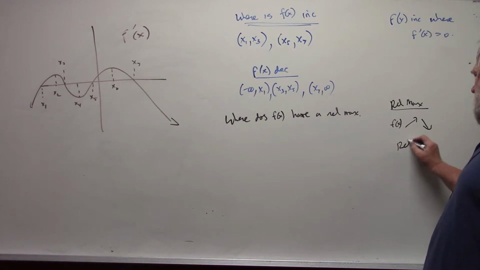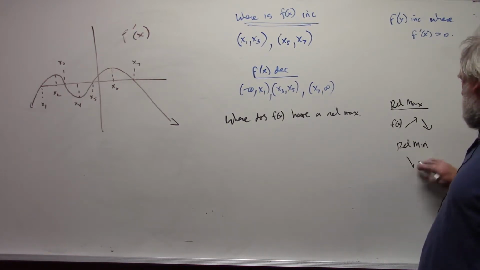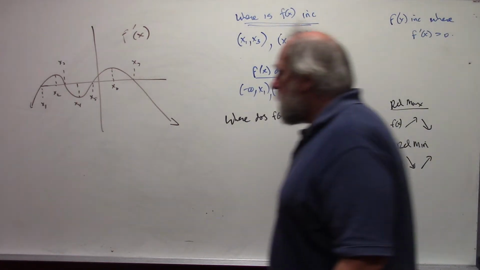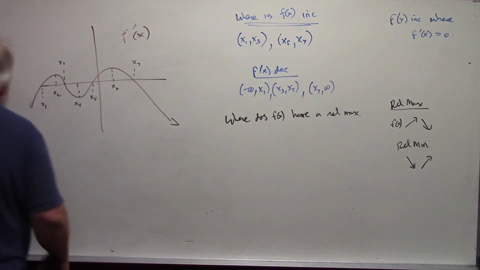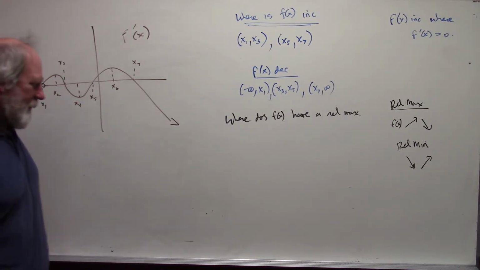Whereas for relative min, my function goes from decreasing to increasing. So, as we went across x1, it went from decreasing to increasing, and so therefore I have a relative min.